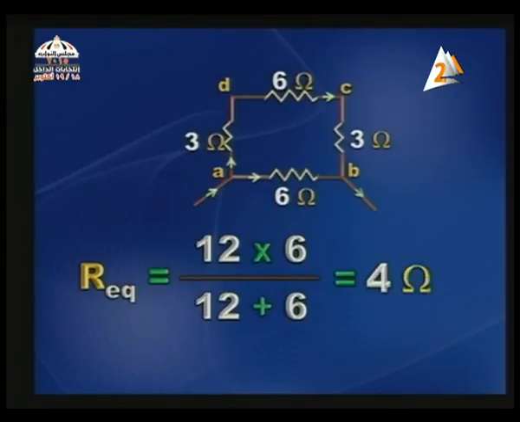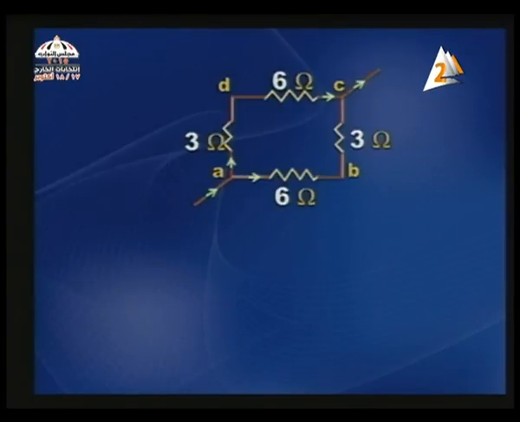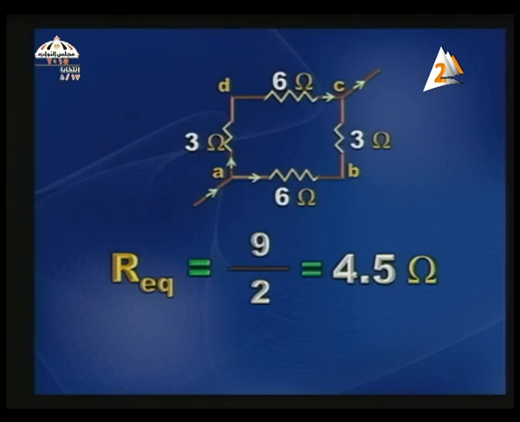Okay, it is 4 ohms. This was when connecting the battery across A and B. And what when we connect it across AC? In this case, we've got 2 branches, one of 9 ohms and the other branch will have a resistance of 9 ohms, and they are connected in parallel, so it's all easy. 9 over 2, it is 4.5 ohms.